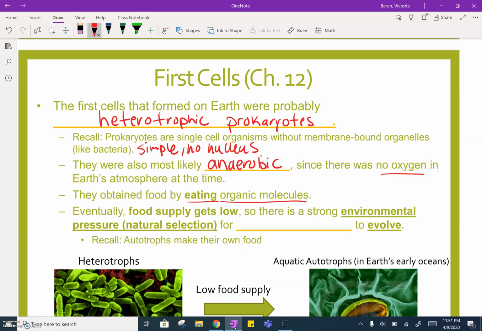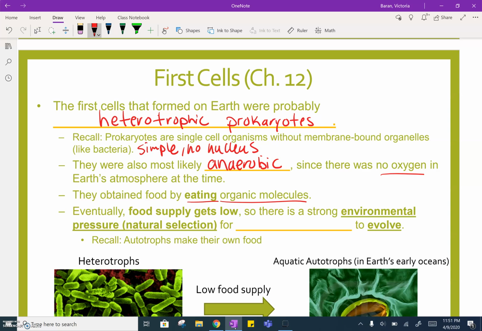However, over time, the food supply starts to run low. Now this instills an environmental pressure, so evolution and natural selection can take place. We'll talk more about natural selection later, but in order for evolution to occur, there has to be some sort of environmental pressure. In this situation, there's an environmental pressure in terms of food running out and competition for food.